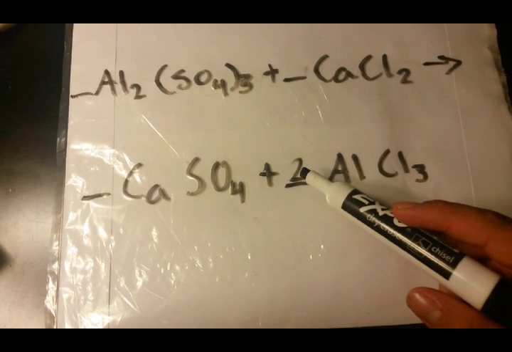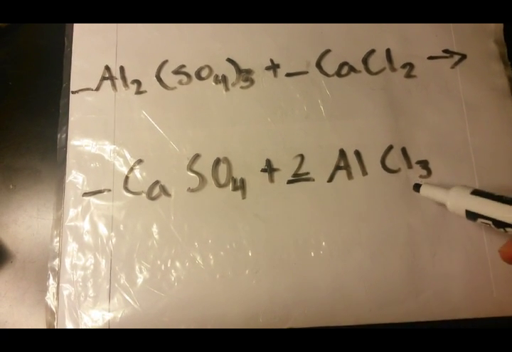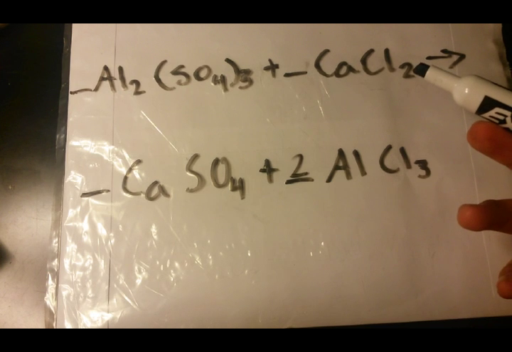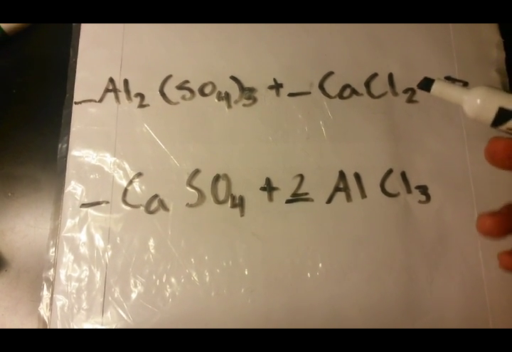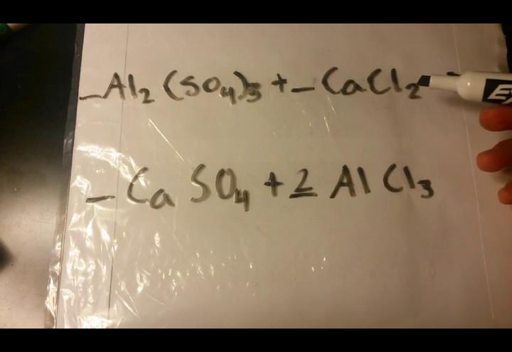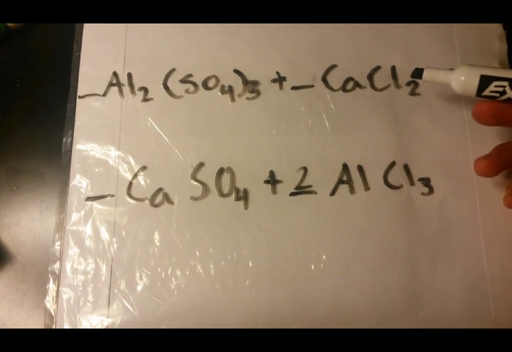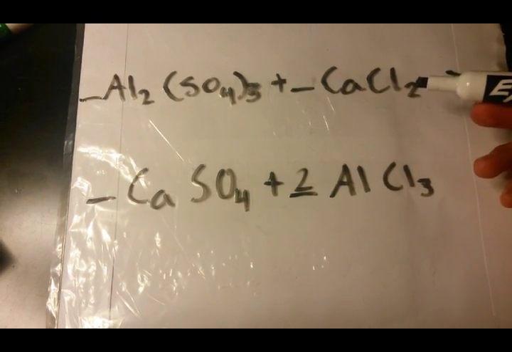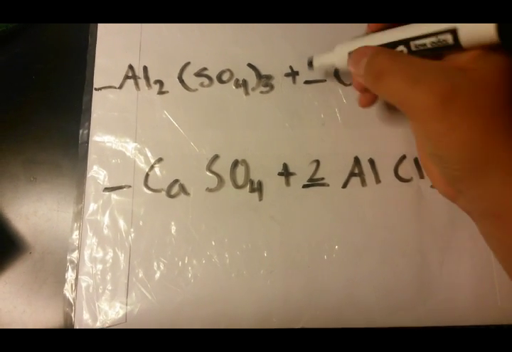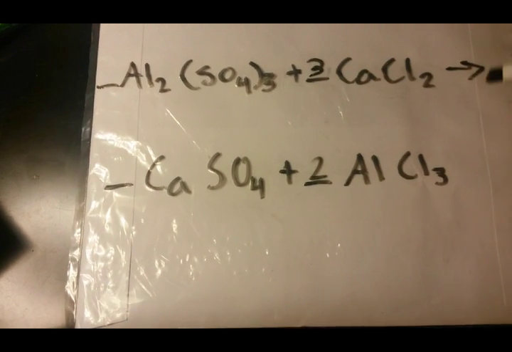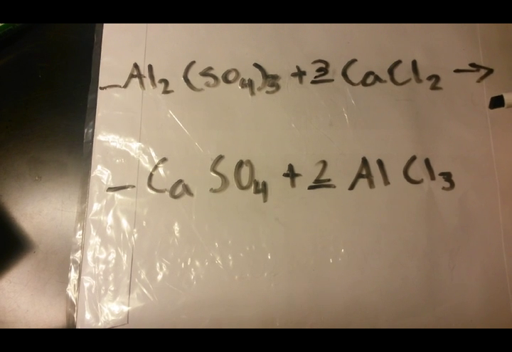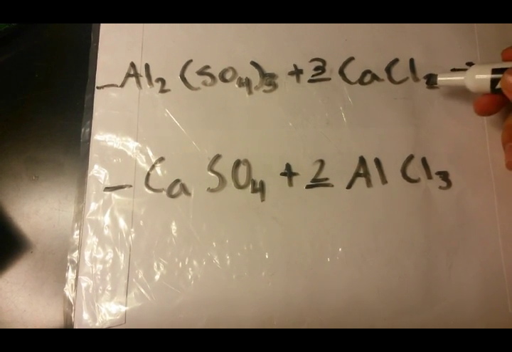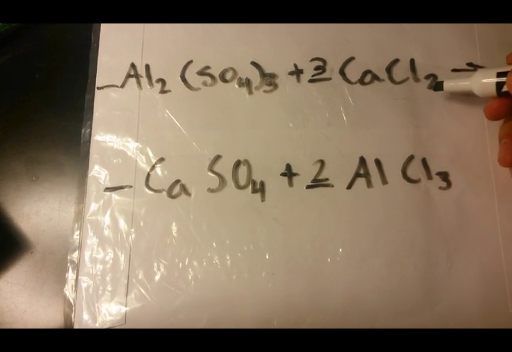Right here we have 2 times 3, which equals 6. But down the other side we only have 2, and we need 6 in total also. So to even it out, we have to put 3. So now we have 6 chlorine elements on both sides.